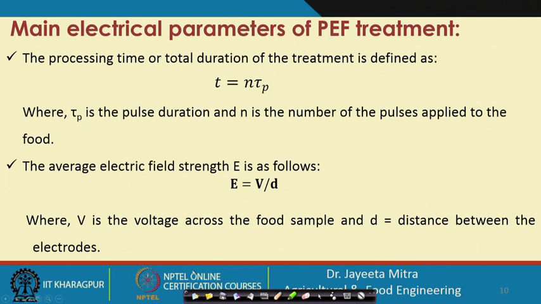So, T is the total time. Then we have the average electric field strength E as follows, that is E equal to V by D. V is the voltage across the food that we have sent, and D is the gap, which is the distance between the two electrodes.